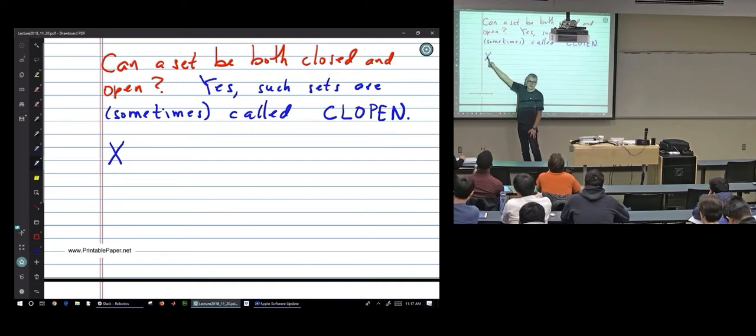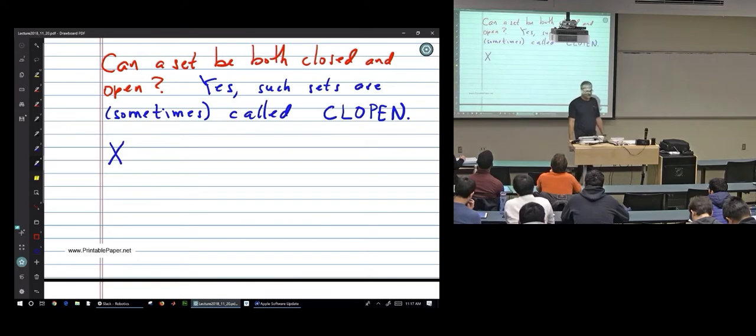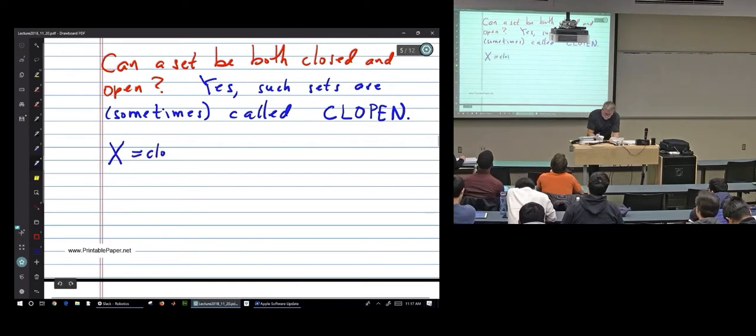Is it closed? If I take a point in here and I put a ball around it, do I always intersect the complement? And the answer is no. So this is closed and open.